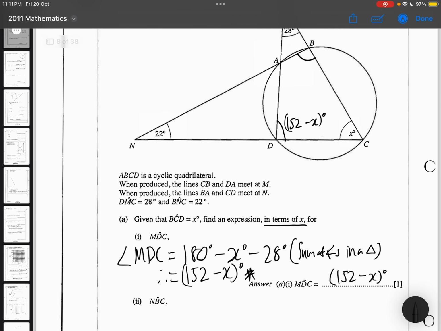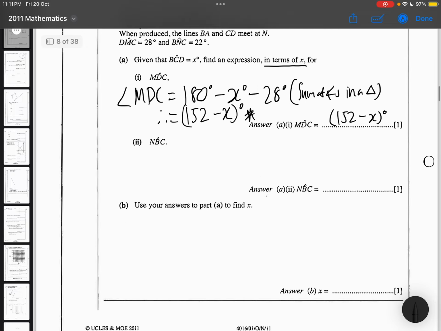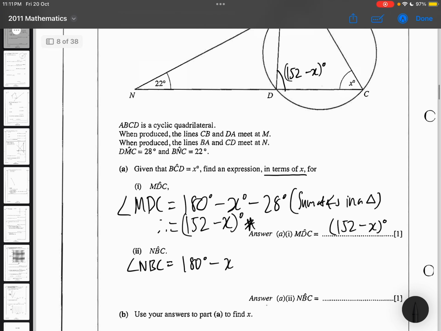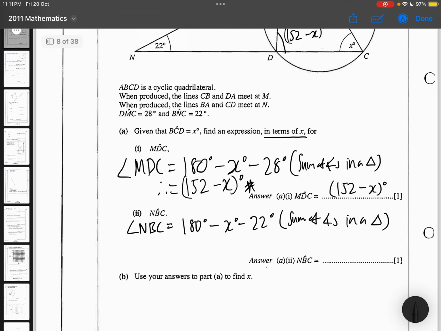I will use the same property, sum of angles in a triangle, to help me find angle NBC, which is 180 degrees minus x degrees minus 22 degrees for the same reason. So 180 minus 22 would be 158 minus x degrees. And this is part 2.